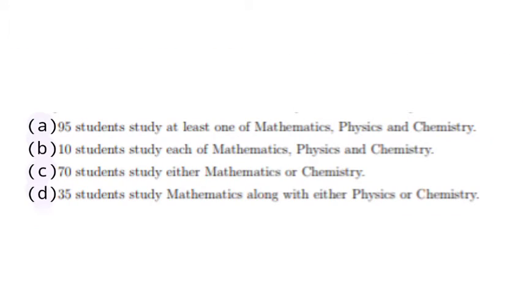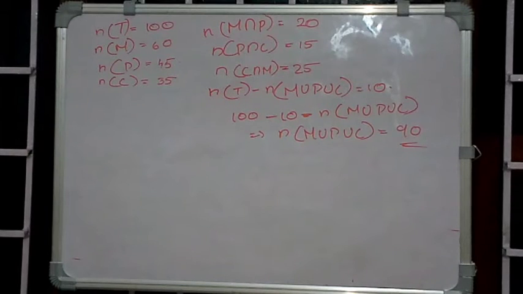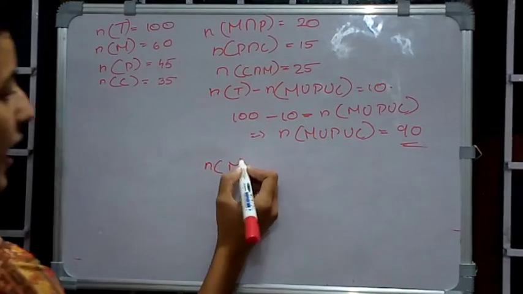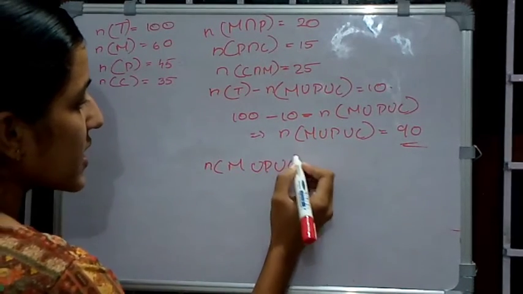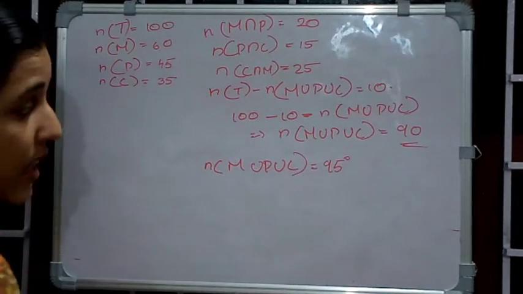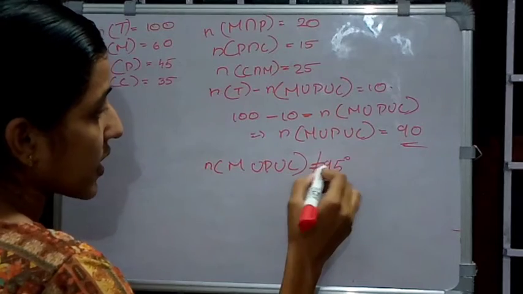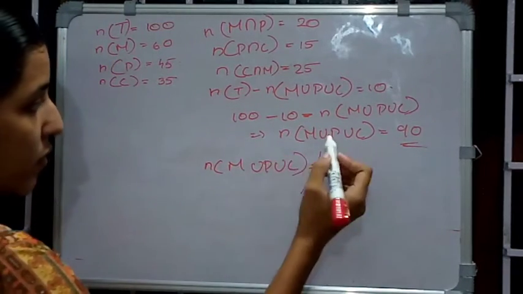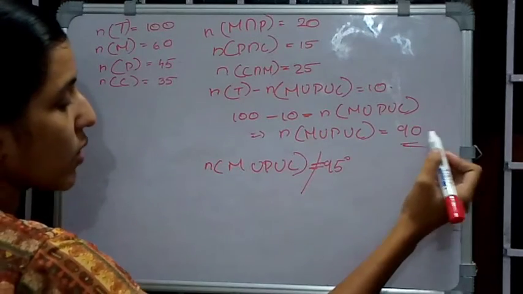So according to the options shown on the screen, the first option is 95 students study at least one of mathematics, physics and chemistry, which means n of M union P union C is equal to 95. It's not correct, as we have already found n of M union P union C equal to 90.